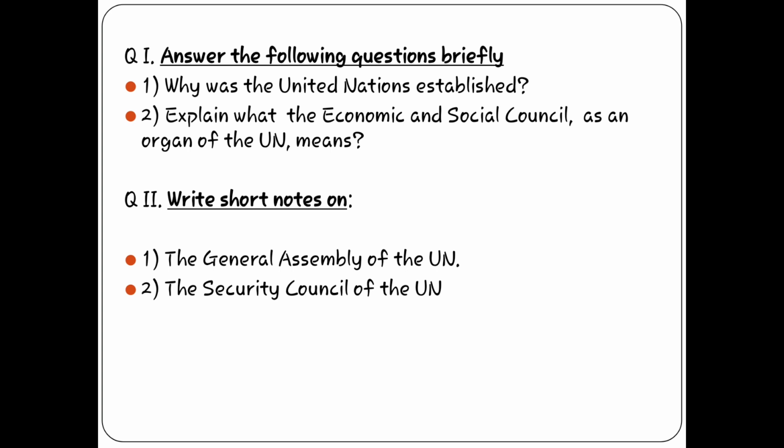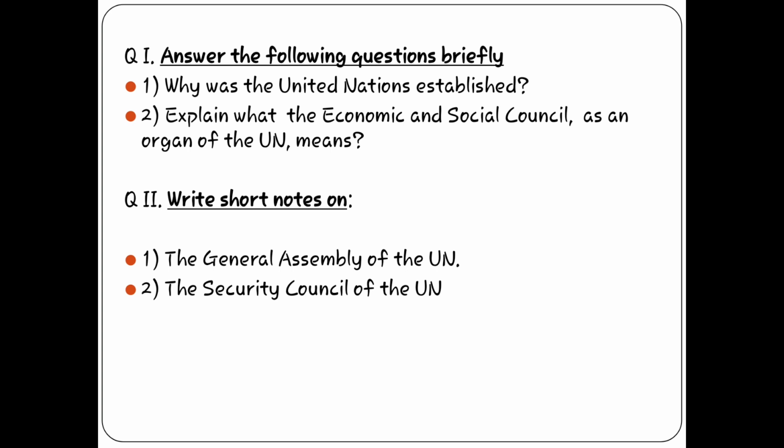Now, moving to the short notes. The General Assembly of the UN. For that, page number 20, second heading, Activities of the Organs of United Nations. First heading, General Assembly. Under the heading General Assembly, all the points you are supposed to write.